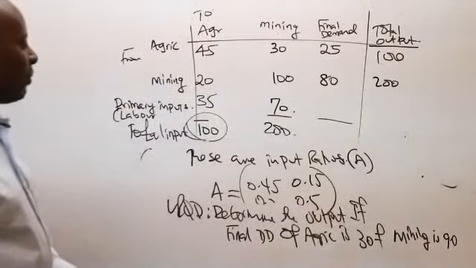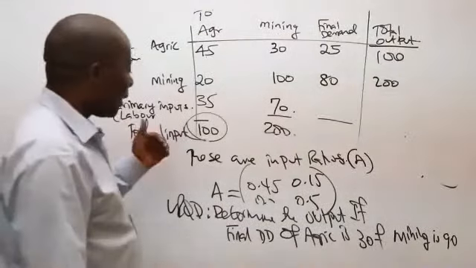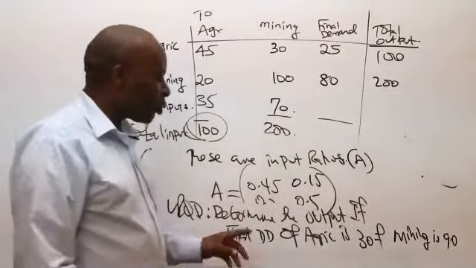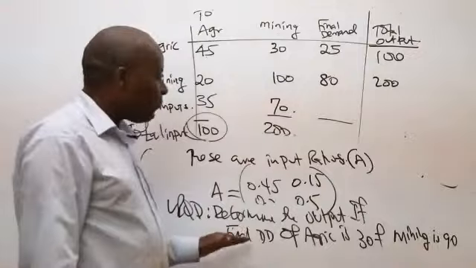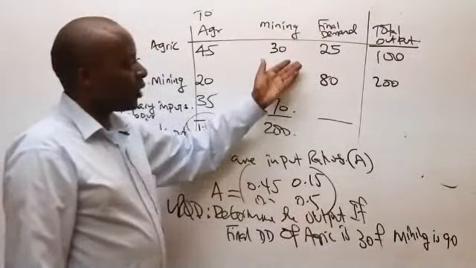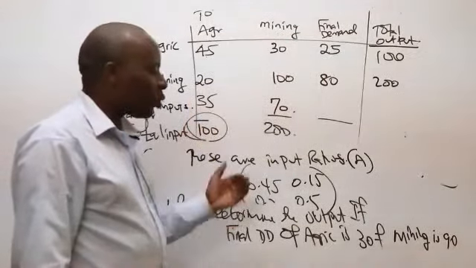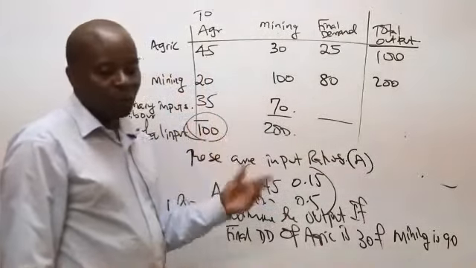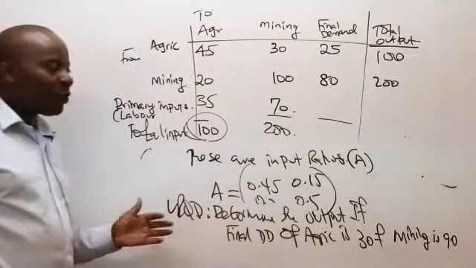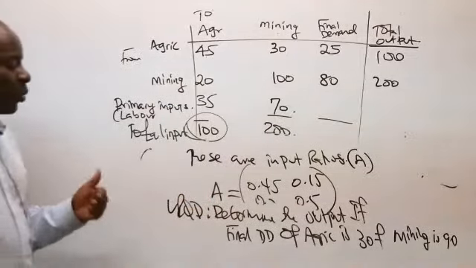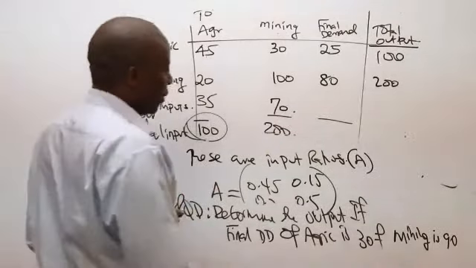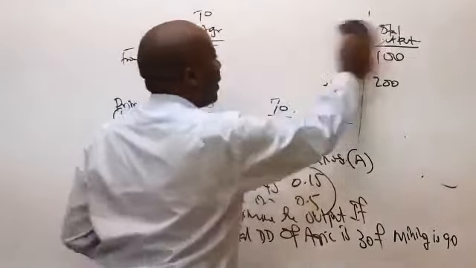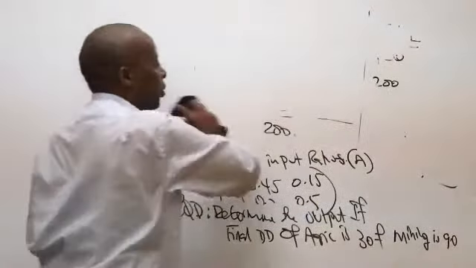So, ladies and gentlemen, remember, you'll get a situation in another requirement where the examiner tells you to determine the output if the final demand changes, say to 30 and 90 for agriculture and mining respectively. Then what shall you do? That is very easy. This table now is useless.